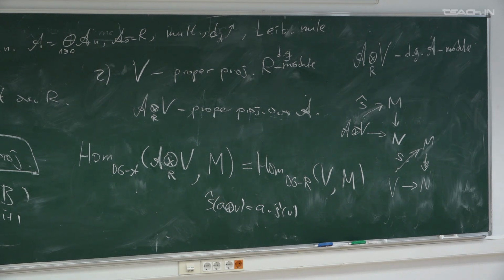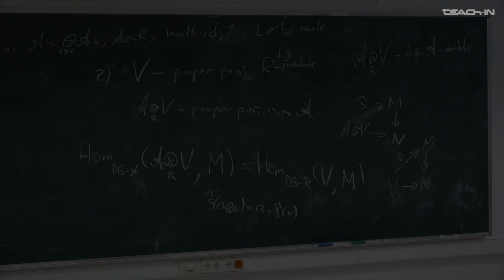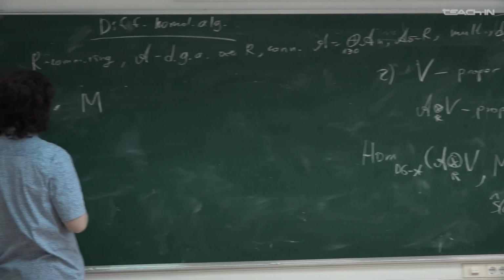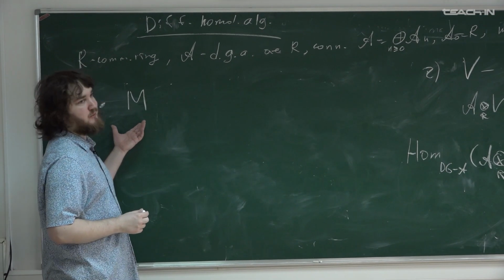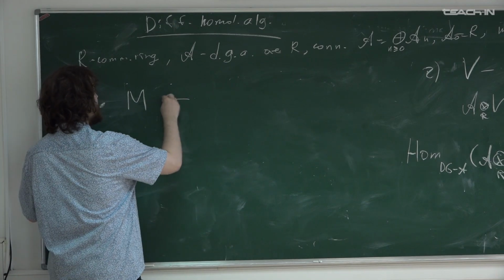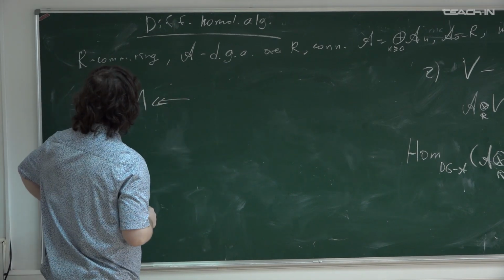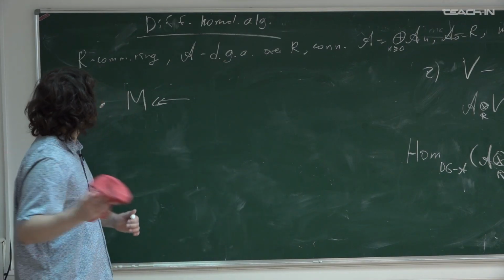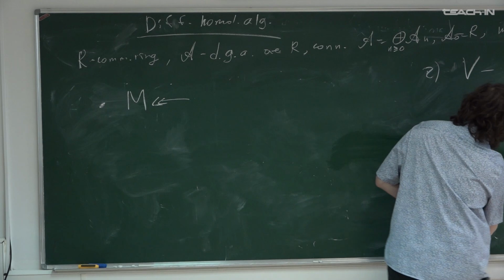So what do we obtain? Let's consider. I have some differential graded A module. I consider it as an R module. Let me again go over R. What do we have over R?